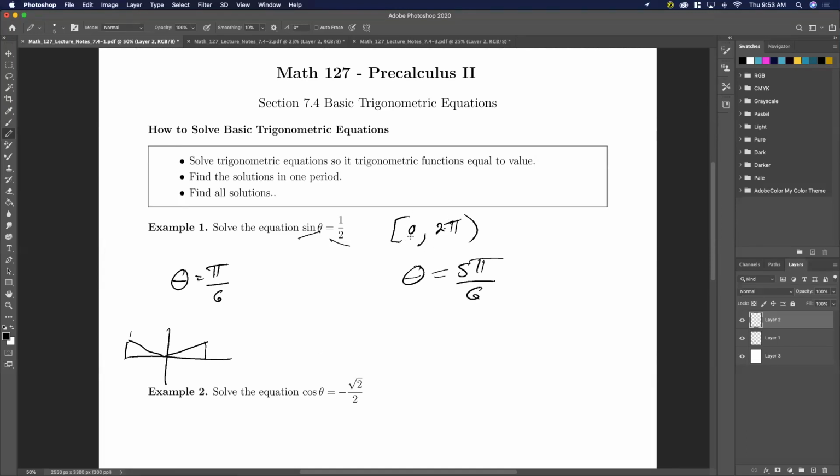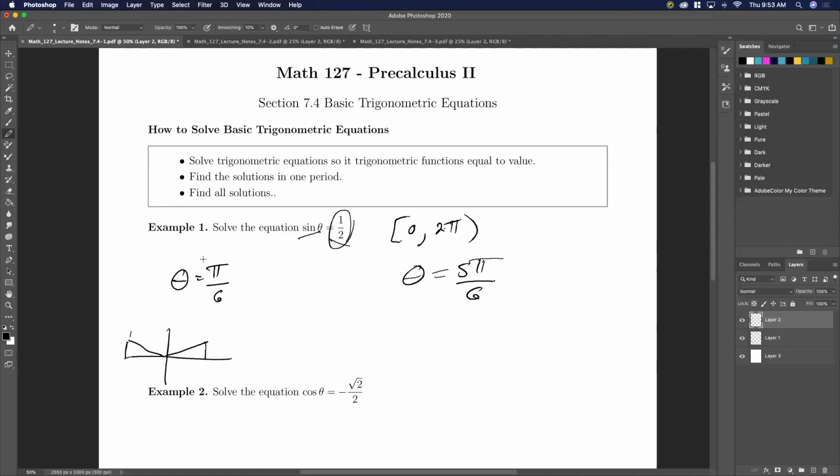So here in one period, we have pi over 6 and 5 pi over 6, right? Because for both of these, the sine is a half, according to our unit circle. Usually for sine and cosine, each value you have over here should give you two values out, right?